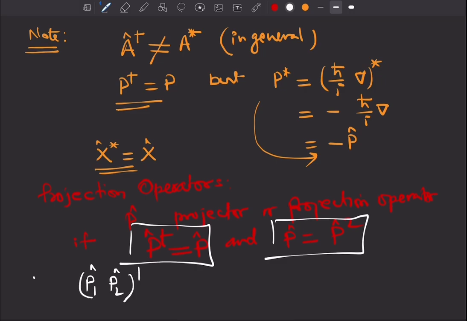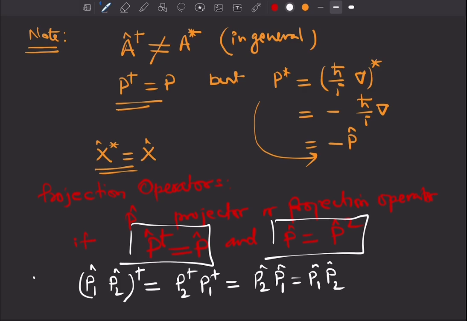So P2 dagger into P1 dagger, since P1 and P2 are individually projection operators, will be equal to P2 into P1, which is equal to P1 into P2.